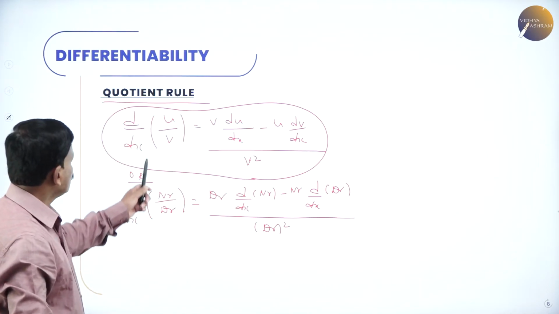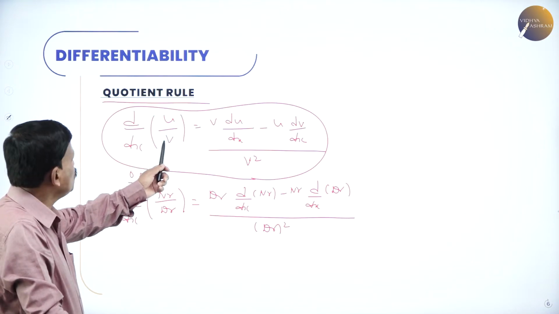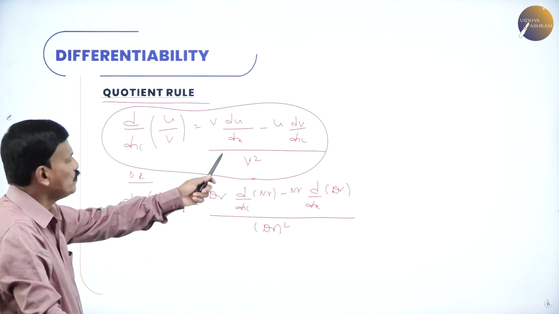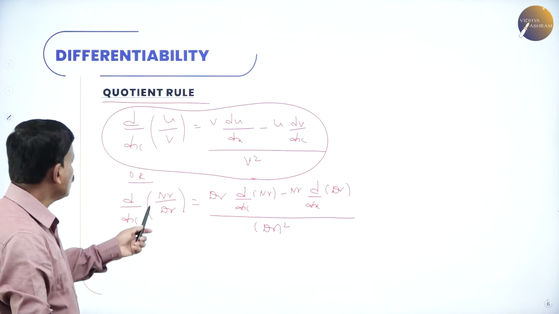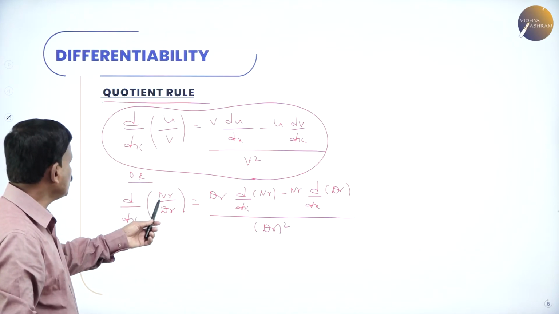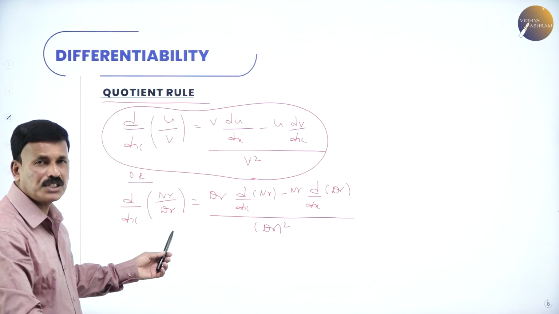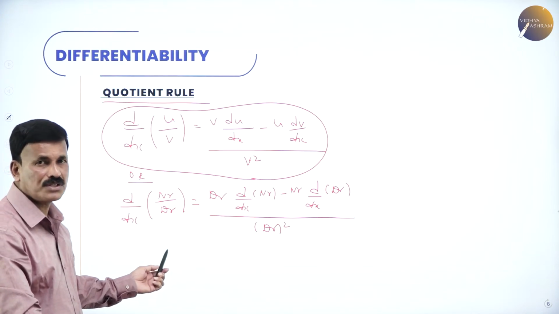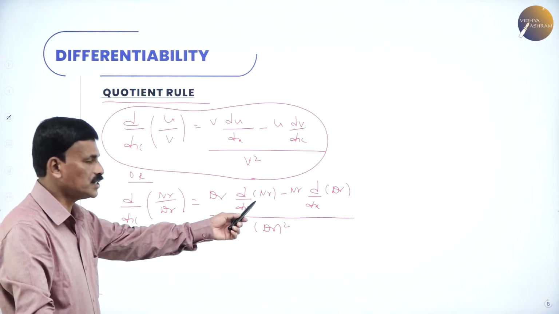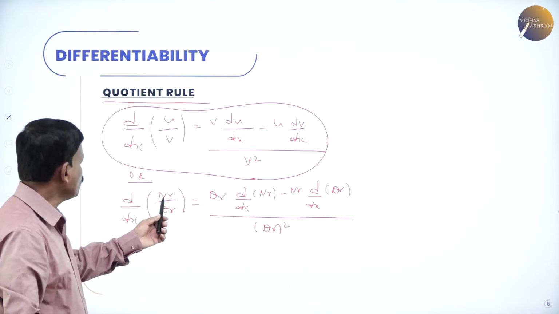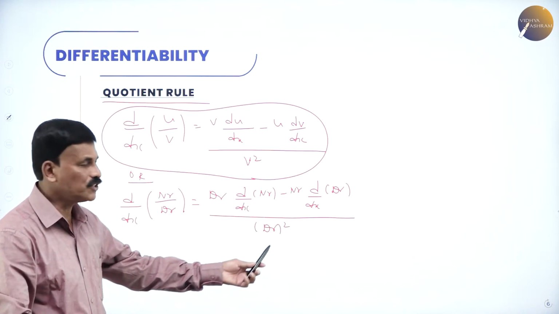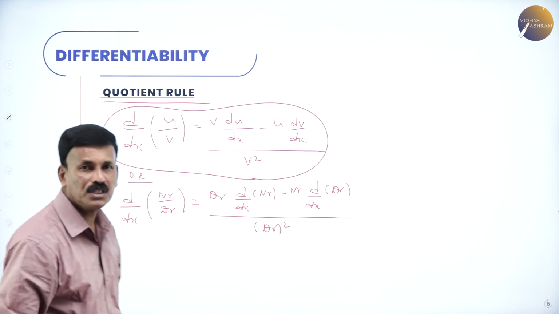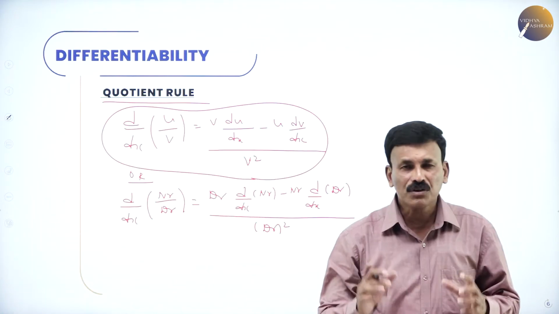So u by v means v into du by dx minus u into dv by dx divided by v square. Or it can also be remembered like this: d by dx of numerator by denominator means first denominator constant, denominator into the differentiation of numerator minus numerator constant, d by dx of denominator, divided by denominator square. This is regarding the quotient rule.